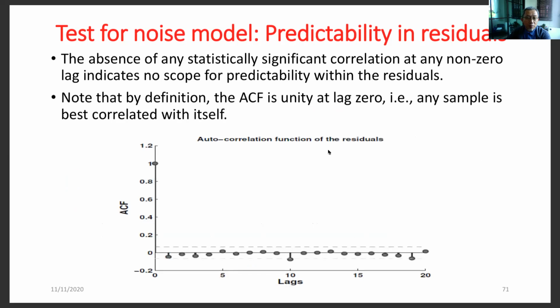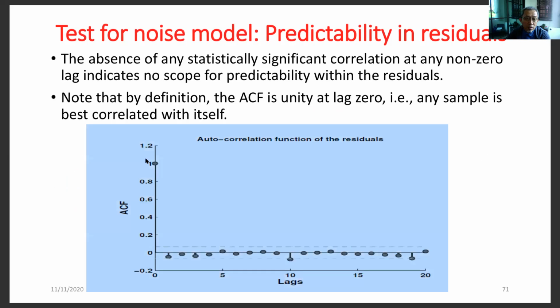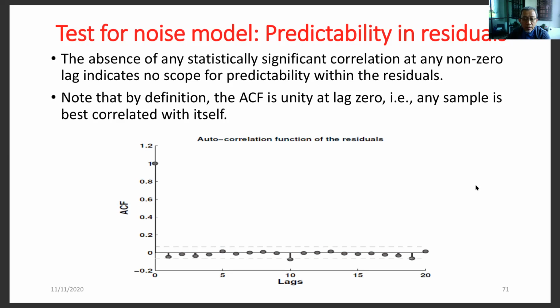Some of the tests for the noise model are shown here. We captured the noise data and correlated it with itself with a time delay from 0 to 20. You can see that it is almost 0, and the maximum is at 1. That is the common autocorrelation for noise.